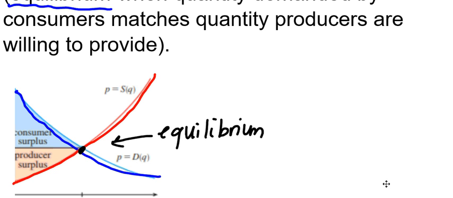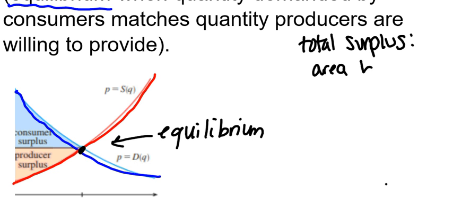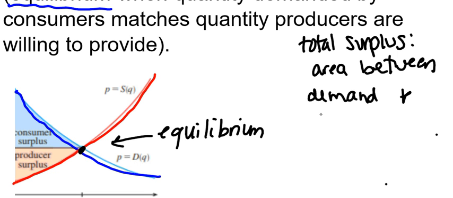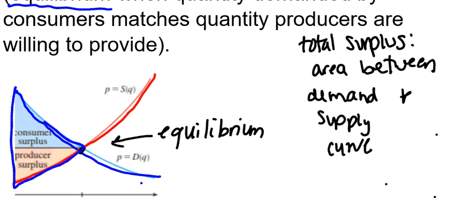And the total surplus is the area between the demand and supply curve. Ooh, that's supposed to say curve. Okay, so this kind of curvy triangular thing right here, this is your total surplus.